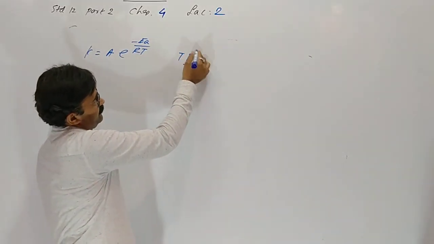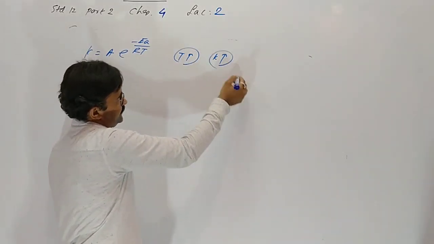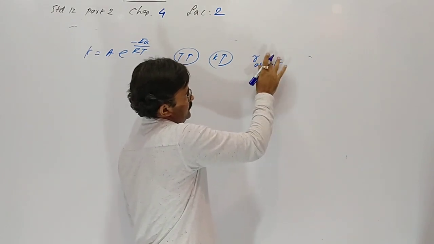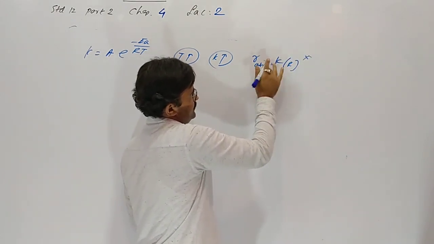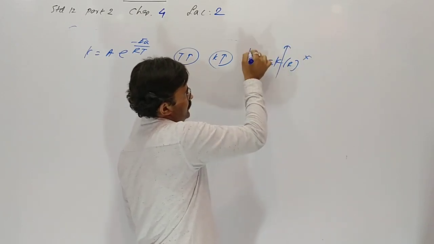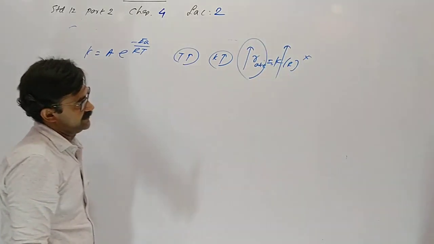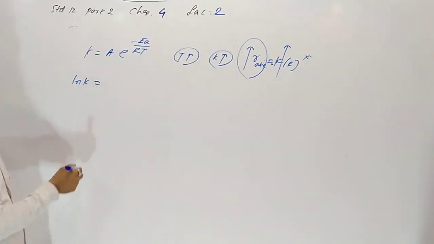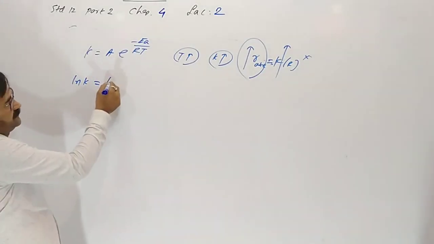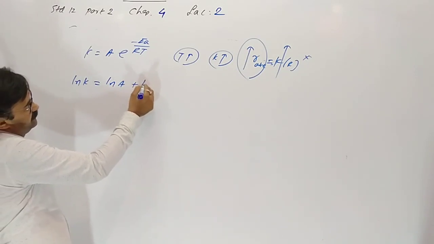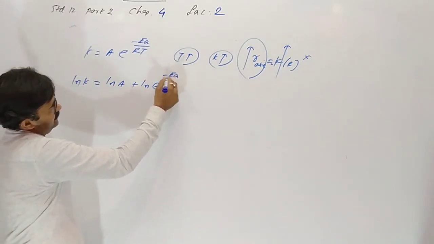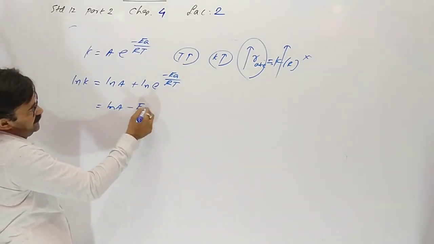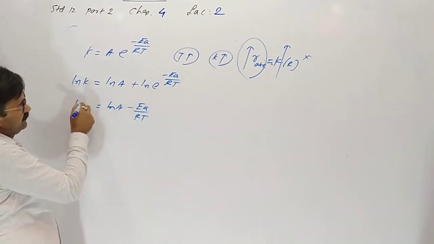When we increase the temperature, the rate constant increases, and whenever the rate constant increases, the rate of reaction increases. How can we say? We take ln on both sides. So ln K equals ln A plus ln e raised to minus Ea upon RT, so minus Ea upon RT.